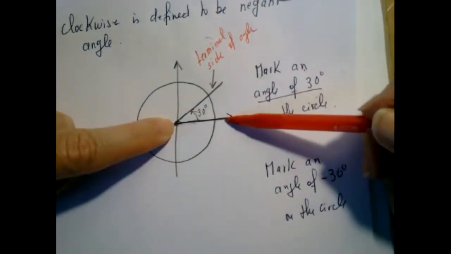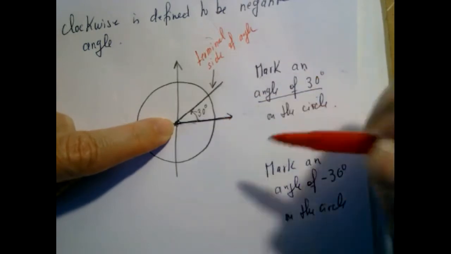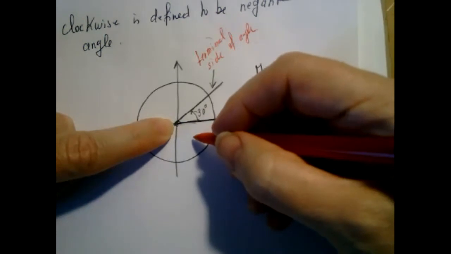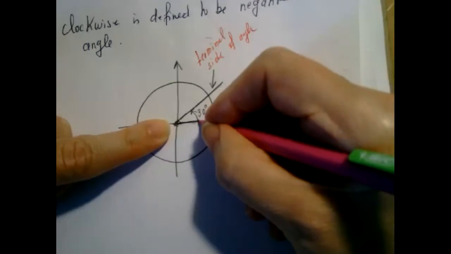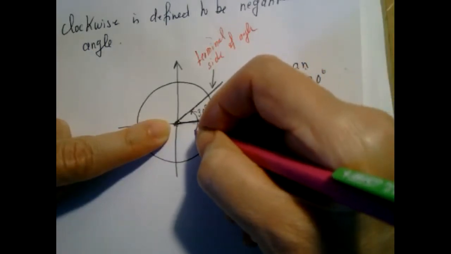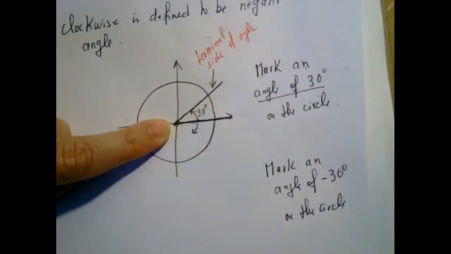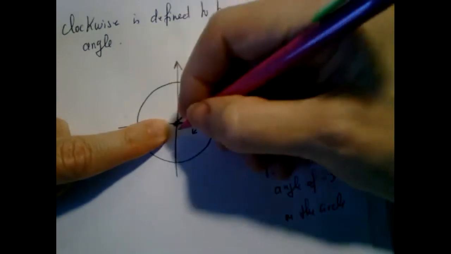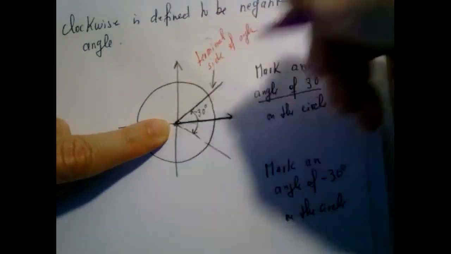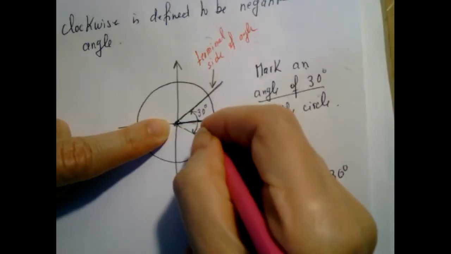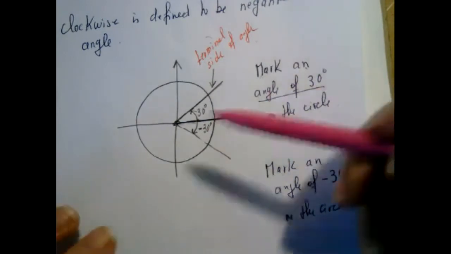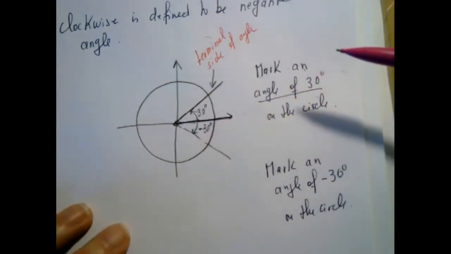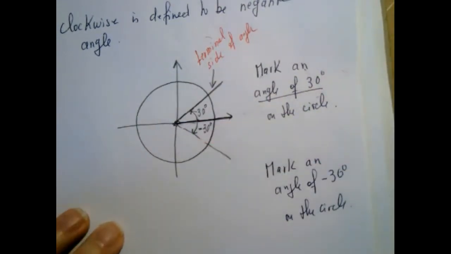I start from the positive axis. -30 means I move clockwise 30 degrees. That's how I move, and this is my terminal side this time. And that's what we mean by -30 degrees. Okay, so the measurement is 30, but we move in the clockwise direction. All right.